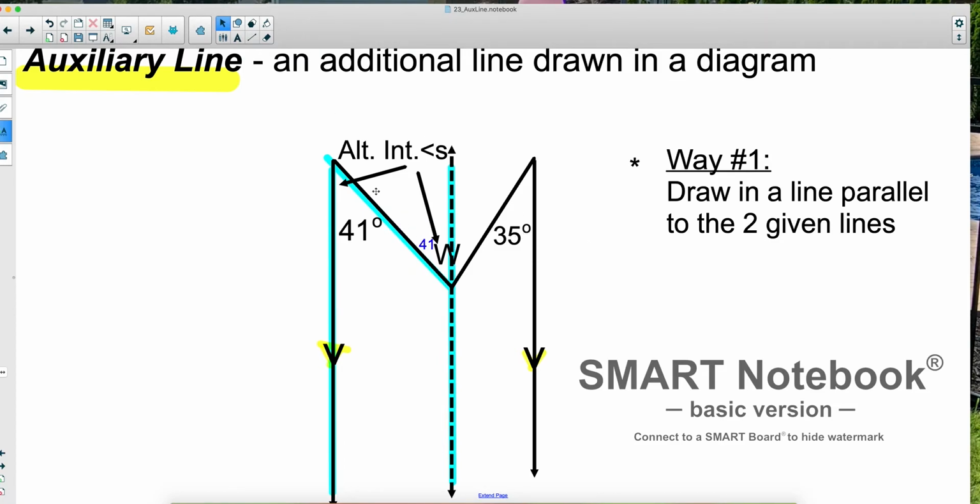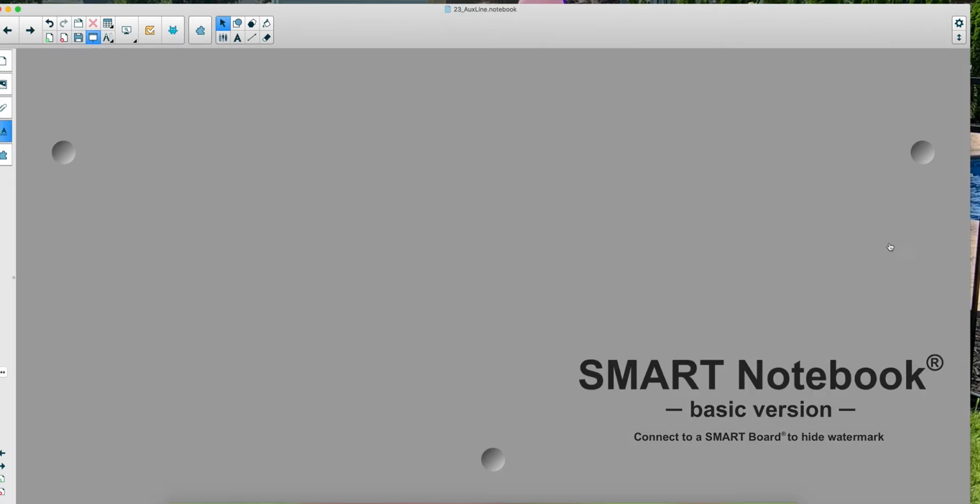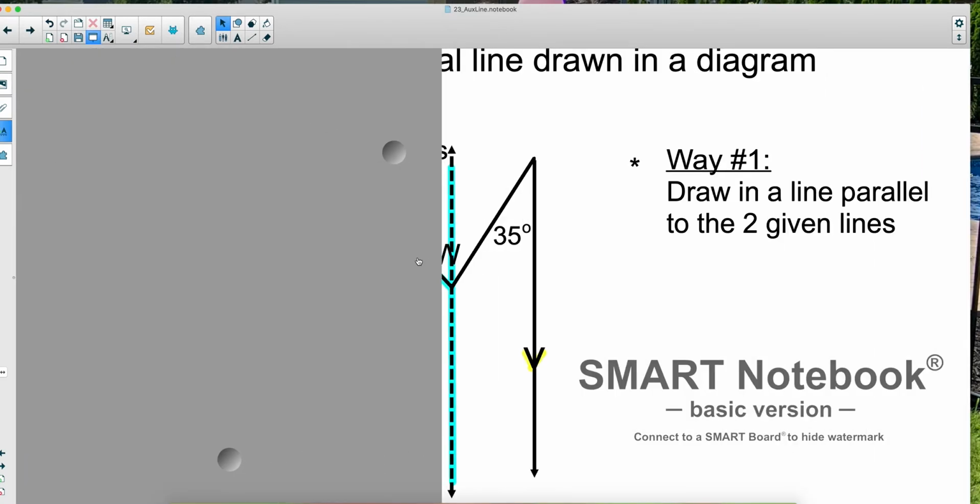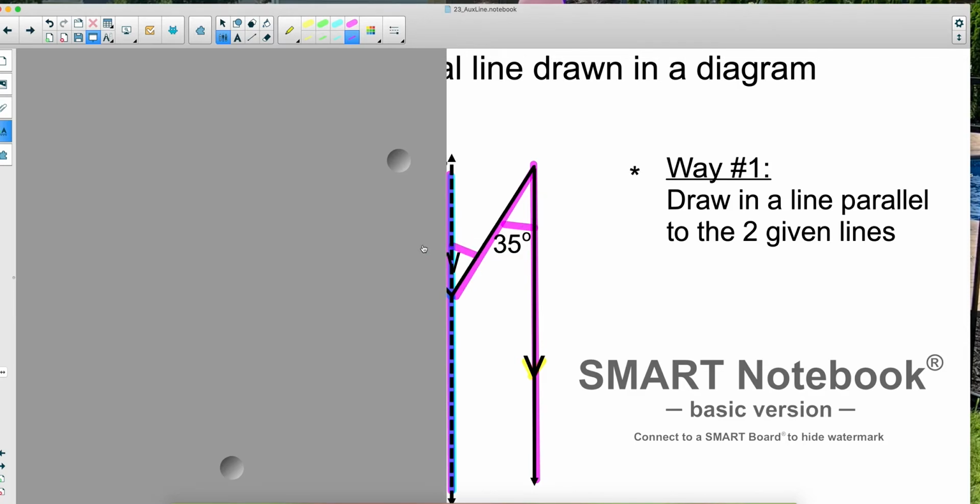So if you take a look, and again, if I hide it, or even if you take your hand and place it over this piece here, well, what do we have? Here's one parallel line. Here's the other. Here's our transversal. These are alternate interior angles again, here and here. So if this is 35, this angle here must also be 35.